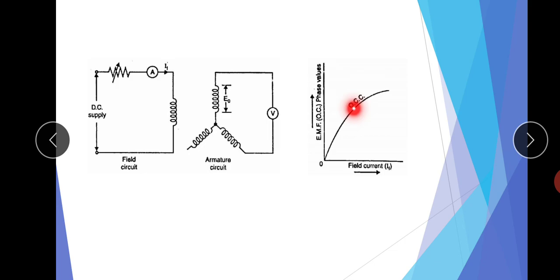After that, the curve starts to go towards a constant value. Even if we increase the value of IF, the induced EMF remains the same. So this is the OCC.